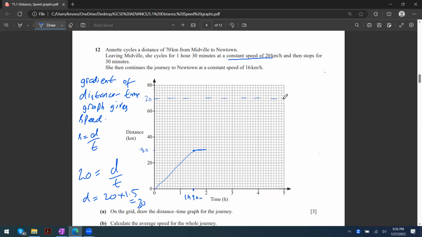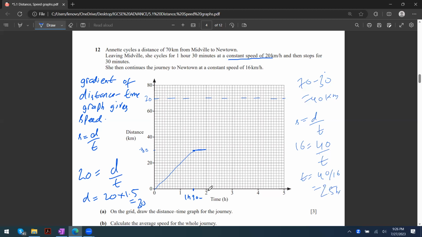Starting from here, she needs to reach there. How much distance is remaining? 70 minus 30. 40 kilometer is still remaining. She's traveling at 16 kilometer per hour. Speed is equal to distance over time. Speed is 16, distance is 40. How much time will she take? 40 by 16. It's 2.5 hours.